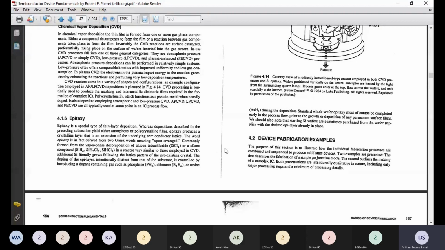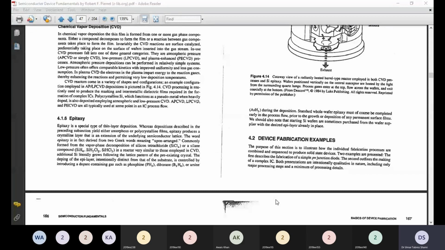Additionally, silicon literally grows following the lattice pattern of the pre-existing crystal. The doping of the epi layer, intentionally distinct from that of the substrate, is controlled by introducing a dopant containing gas such as phosphine, diborane, or arsine.